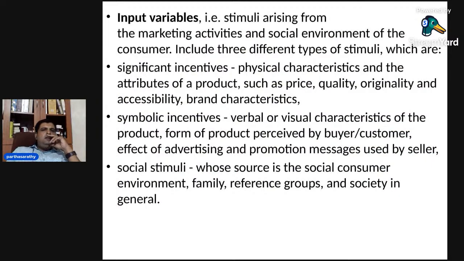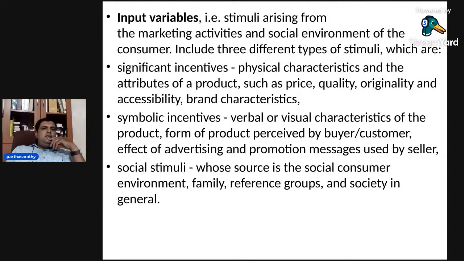So input variables are stimuli arising from the marketing activity. Marketing activities are at the core of all the models. Until and unless the marketing activity is properly done and the information reaches the customer, it becomes highly difficult. If the marketing activity is not done properly, then other processes have no meaning in their own sense.